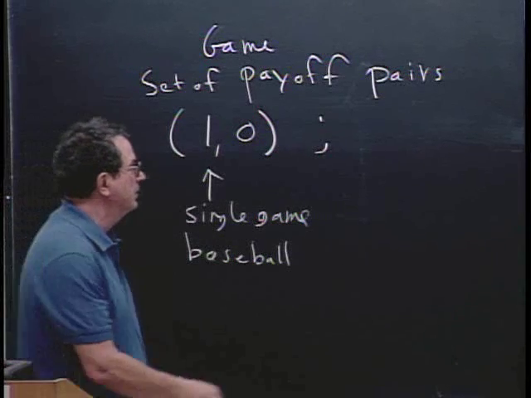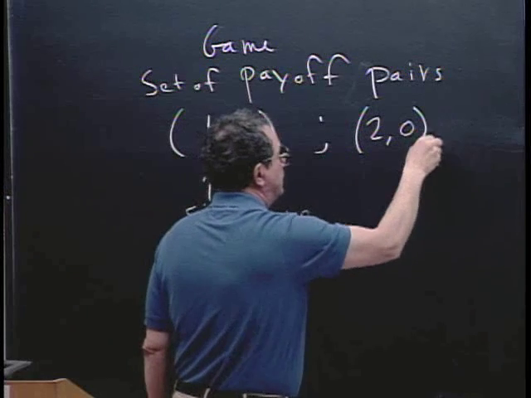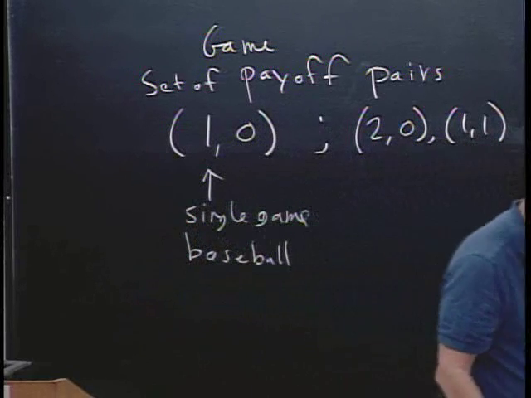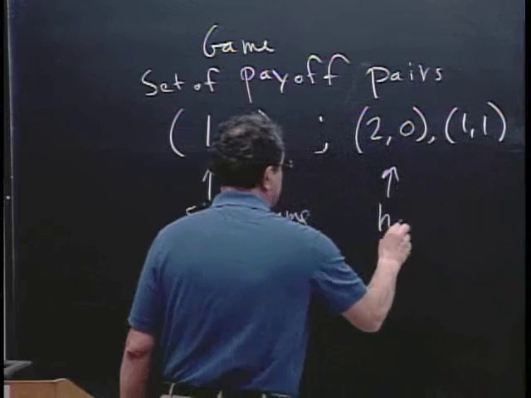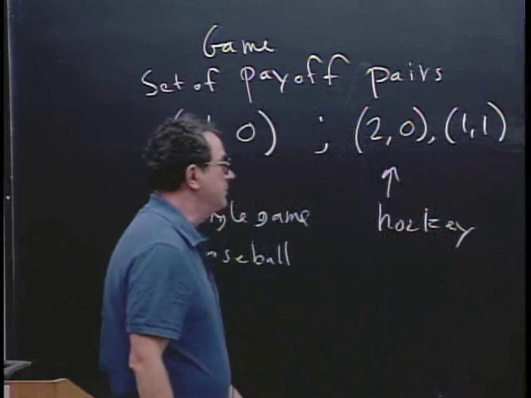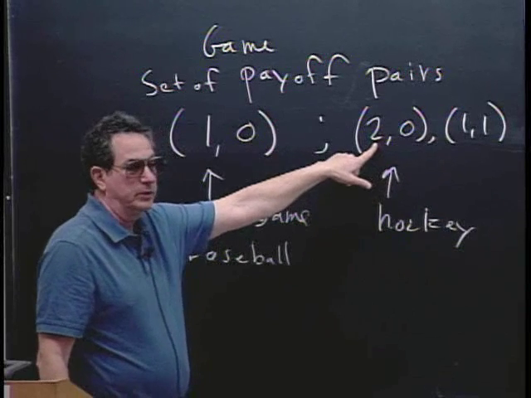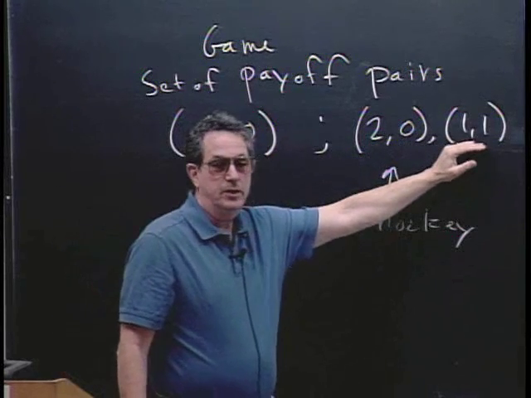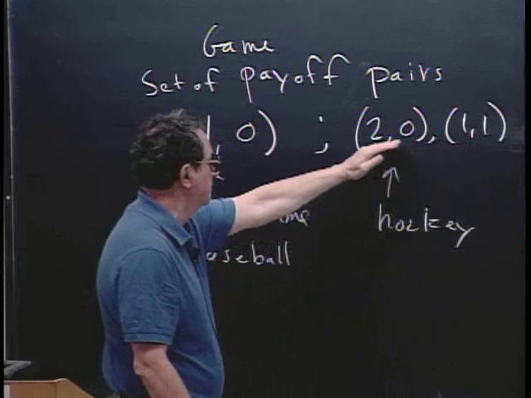So, for example, 2-0-1-1, this is the typical setup for what? For hockey. Okay? So in hockey, games end either in a win for one team, in which case the winning team gets 2 points and the losing team gets 0, or they end up in a tie and each team gets 1 point. Okay, so these are the payoff pairs that are possible in hockey.